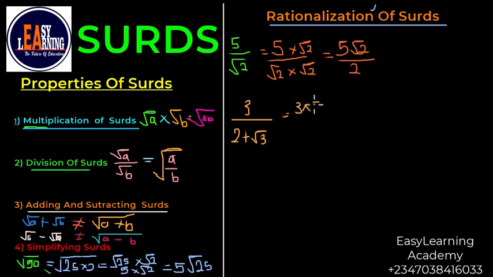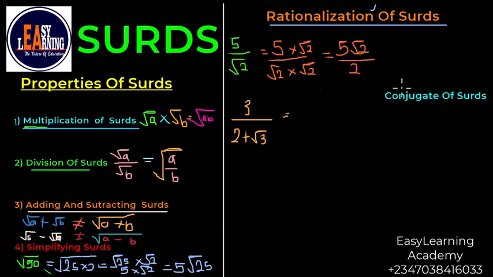No, you cannot say 3 times root 3, because root 3 here is not alone, rather root 3 is with the whole of this. All right, so there's something that we need to do to be able to remove the surd from that denominator. For us to solve this, there's something I want to introduce to us, and that is called conjugate of surds. Conjugate of surds.